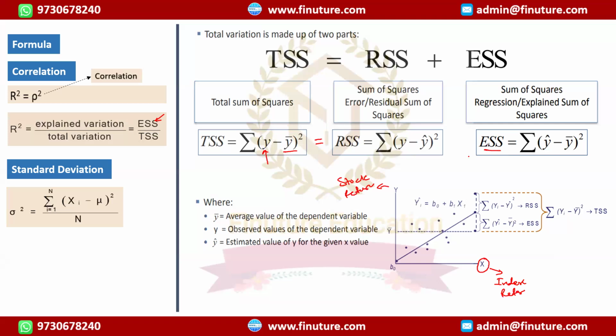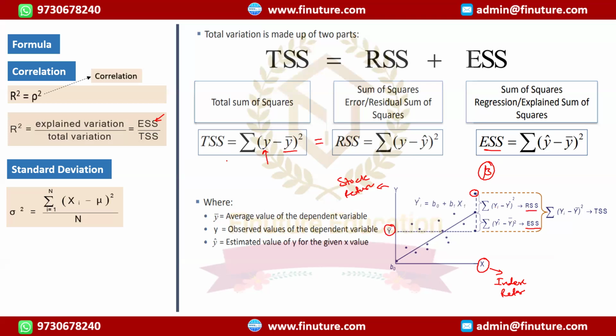This ESS is something that you already expect from the past data. So if you recollect, we have the CAPM equation, we have the slope beta over there. So somewhere beta is something which is expected. If you look at this graph, this is y bar, and this is your observed data. The total difference that you see, this vertical distance, is the total sum of squares, and what you expect from the beta is the explained sum of squares in this example, and whatever is left, whatever is not explained from beta, that is the residual sum of squares or error terms.